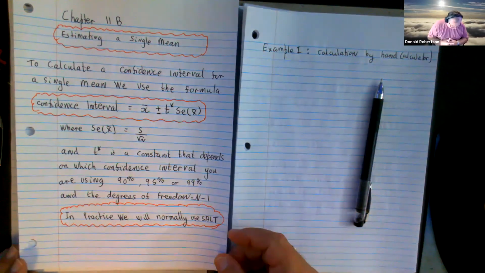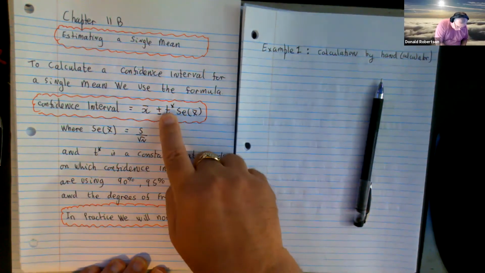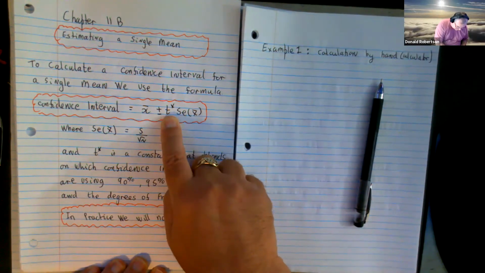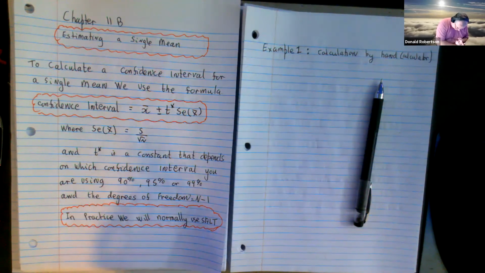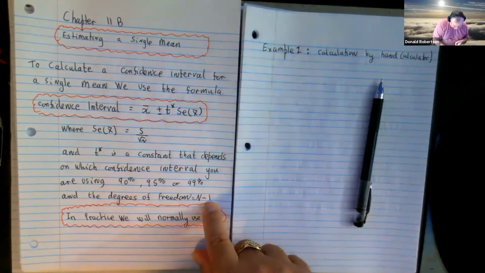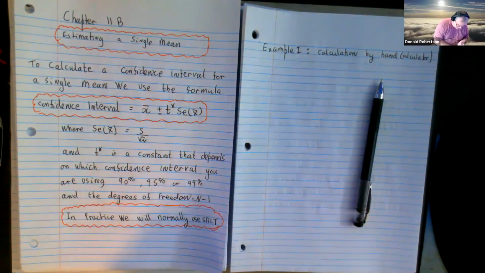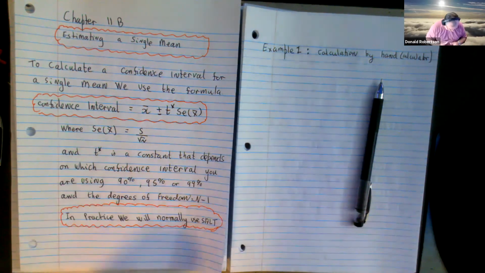So that's the first difference, that this magic multiplier will be different depending on size of data, which becomes degrees of freedom, which is how much is in the data take away 1. It's an extra little twist. And whether it's a 90 or a 95 or whatever you want.